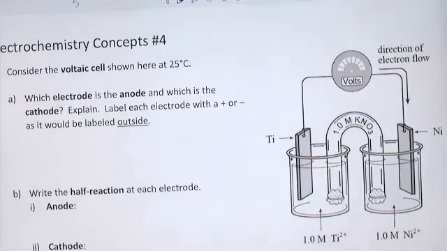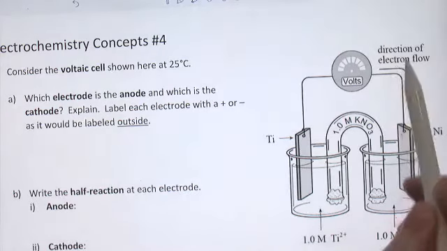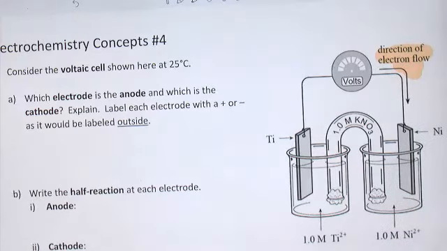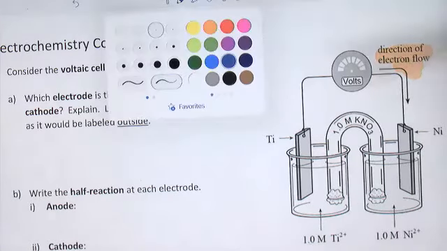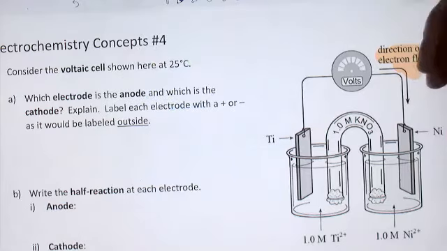If the electrons are flowing in this direction, then what's happening at the nickel? What's happening at the titanium? Electrons are moving towards nickel. So nickel, is it gaining or losing electrons? Gaining. The nickel is where electrons are being gained. And if the electrons are leaving the titanium, then the electrons are being lost there, aren't they?